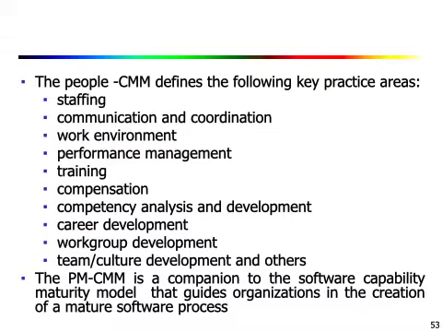This People CMM, or PMCMM, is a companion of the Software Capability Maturity Model, which we have seen in Module 2, that guides the organization in the creation of a mature software process. So, this is also done along with the Software Capability Maturity Model's key process areas or key practice areas. That is about the people.